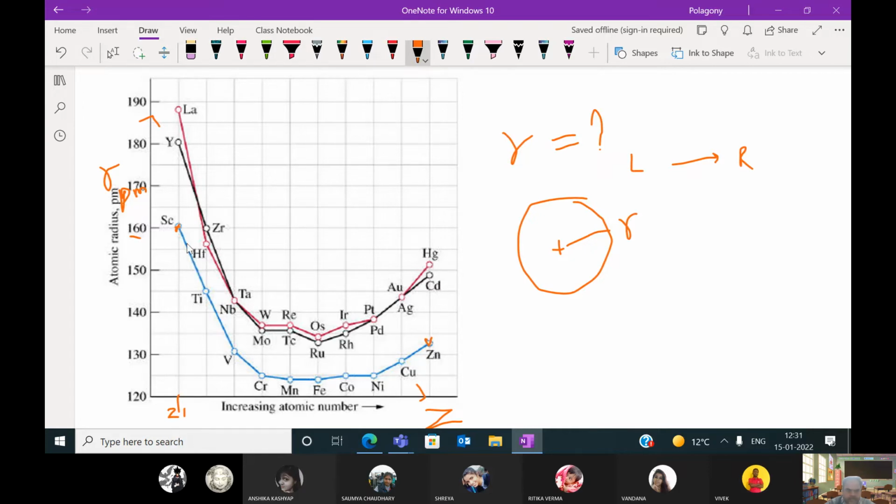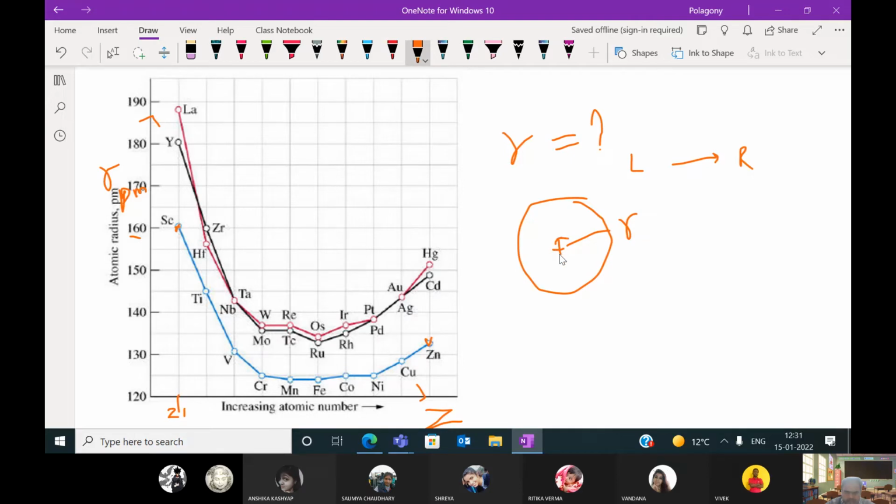What possible question do you get from this? Why does the atomic size decrease across the period from left to right? Can anybody suggest why the atomic size is decreasing in the 3D series? Yesterday I told you: the increase of effective nuclear charge.